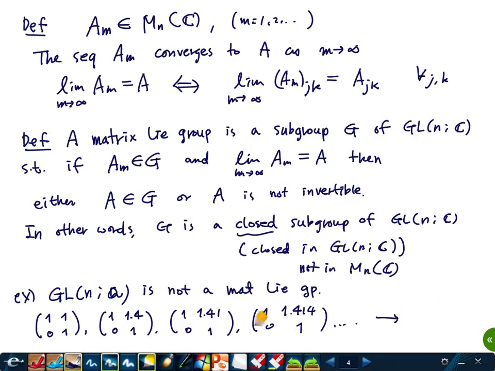But we can choose these numbers so that the sequence approaches a matrix which is not in the group, but it is invertible. So it does not satisfy this condition. If it's not in the group, it must be somewhere else. So this is not a matrix Lie group. Is this clear?